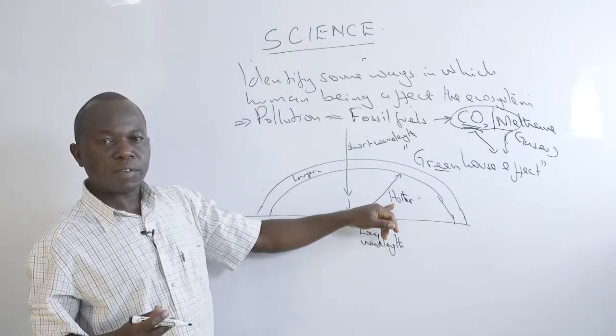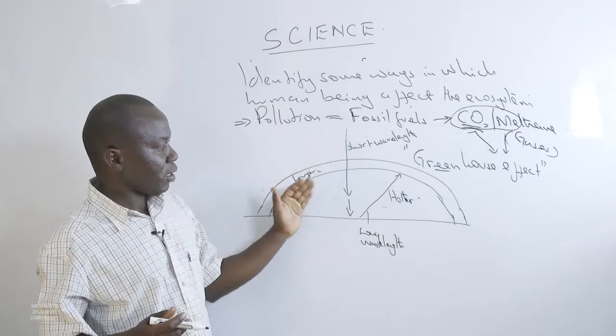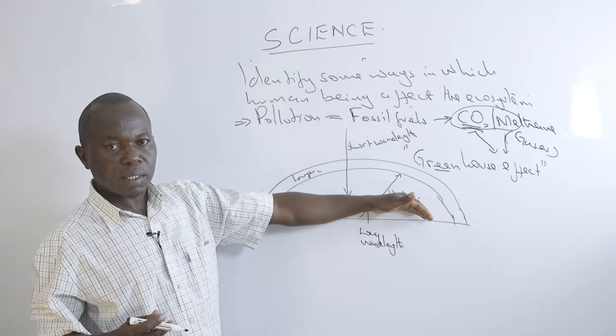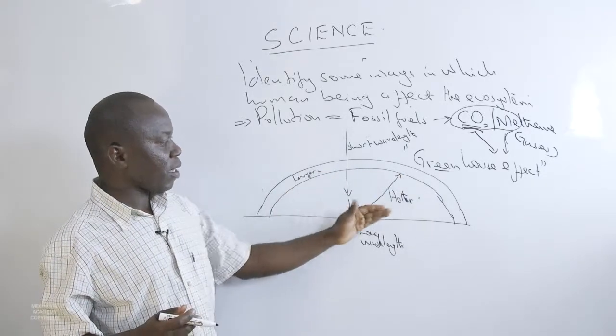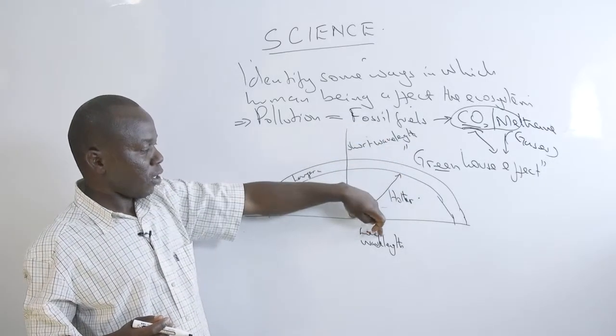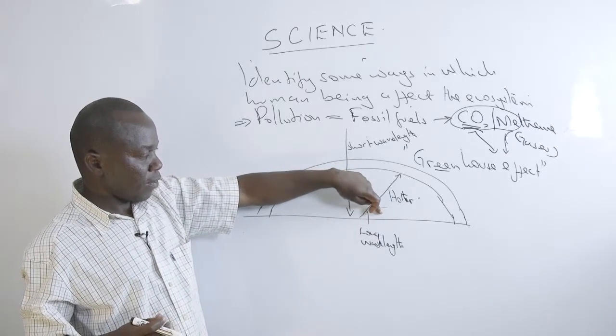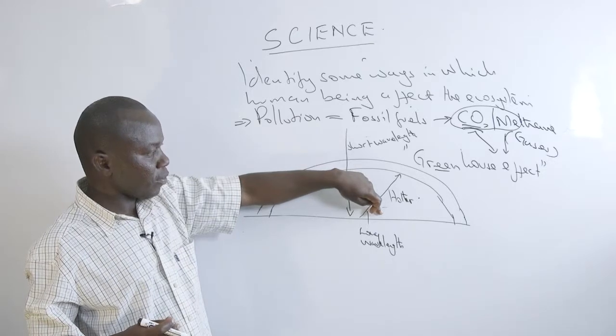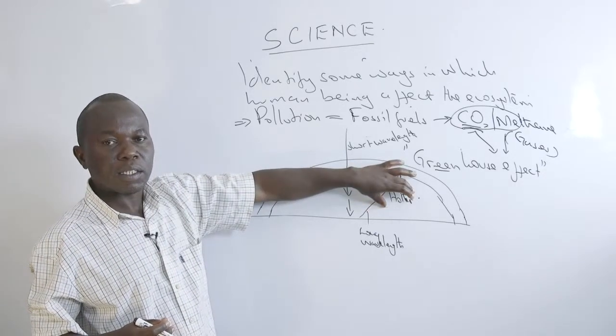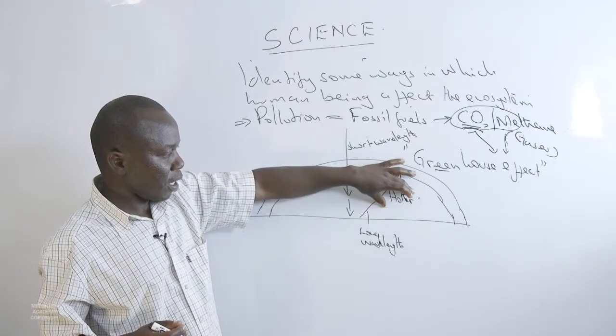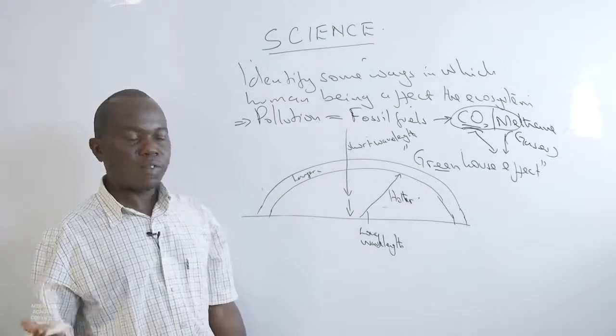So what is the greenhouse effect? The effect such that a layer is formed around the Earth, preventing escape of long wavelength radiation from the Earth, increasing the heat around the Earth. That has several effects.